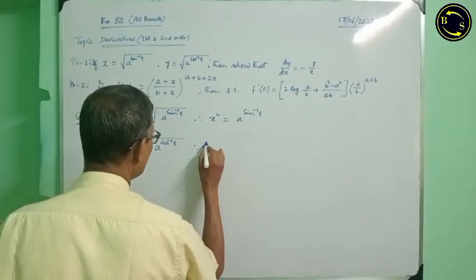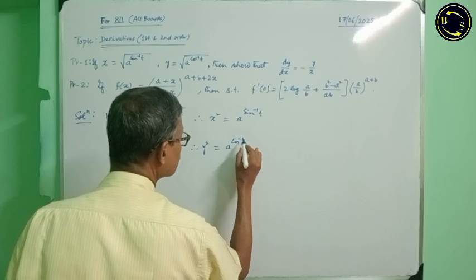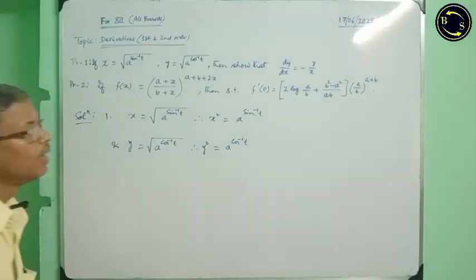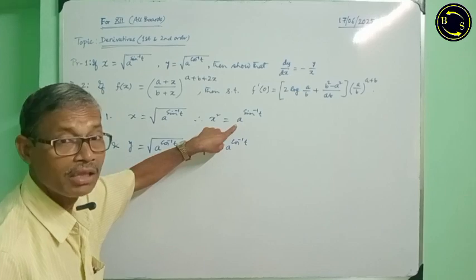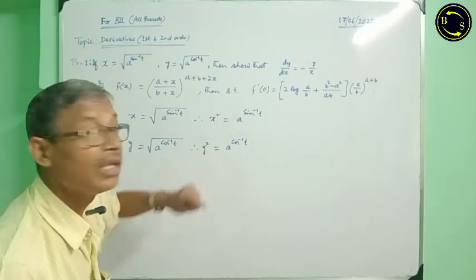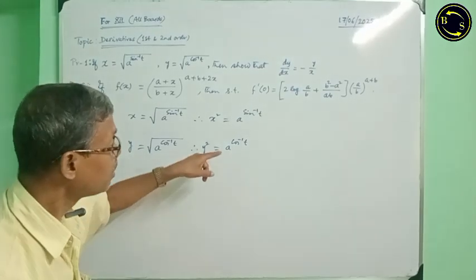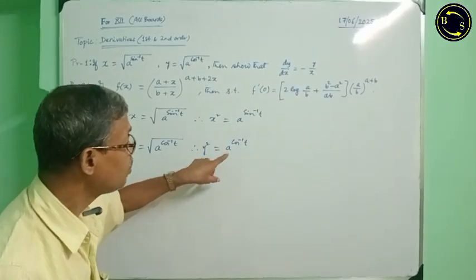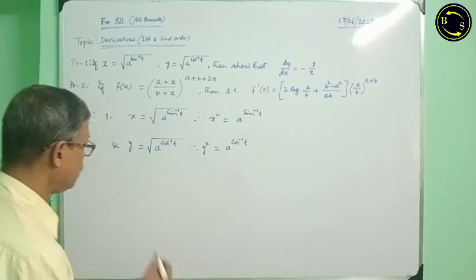Therefore, y square is equal to a to the power 2 cos inverse t. Now, in both cases a is the base. If I multiply, then the result will be a to the power sin inverse t plus cos inverse t.